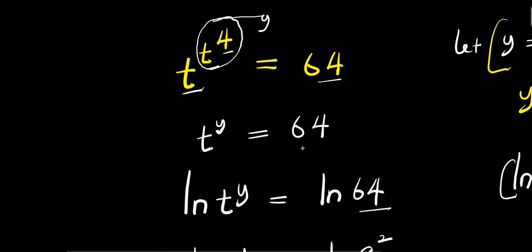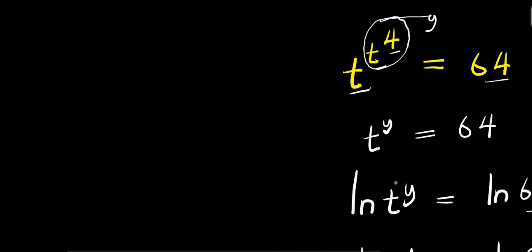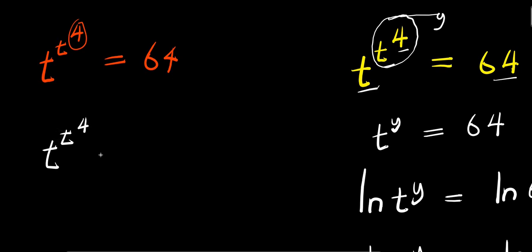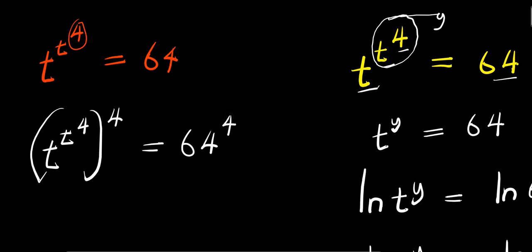So let's solve this using another method. So we have this is t power 4 equals 64. Now, because we have 4 here, we raise each part of this equation to the power 4. This will be t power 4 raised to the power 4 equals 64 power 4.